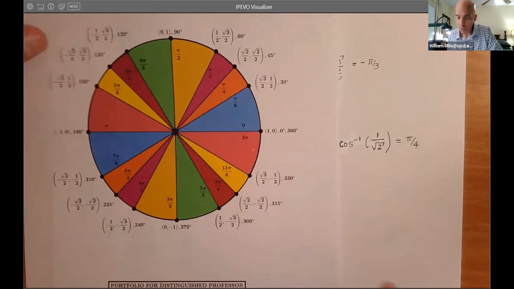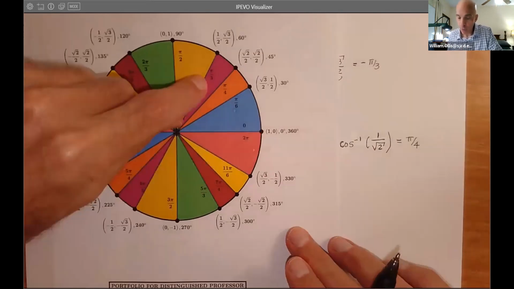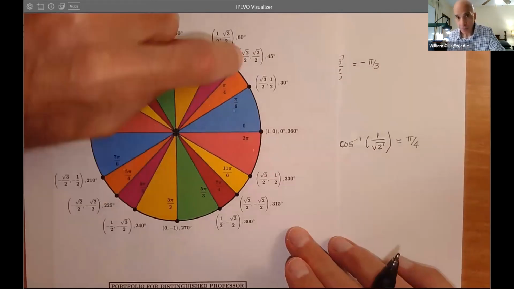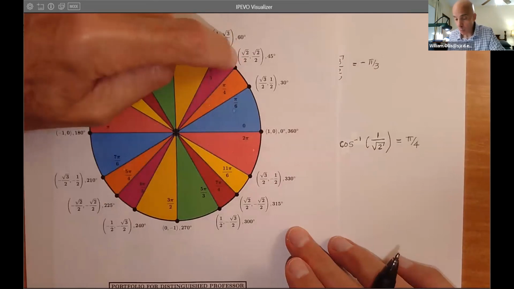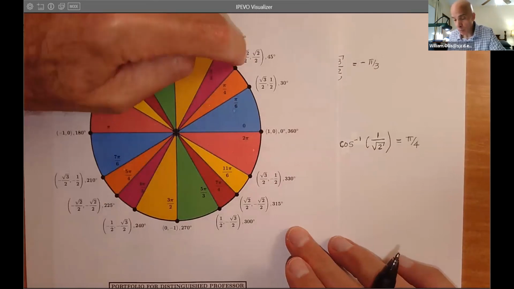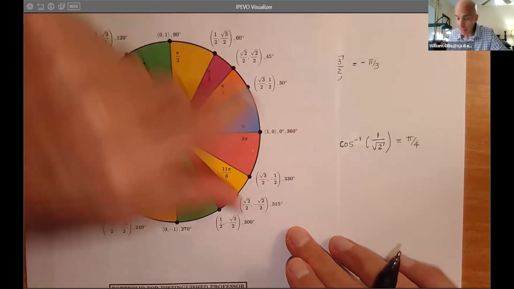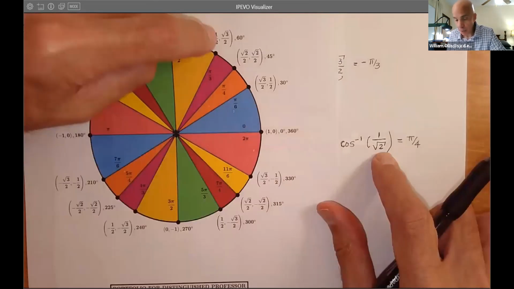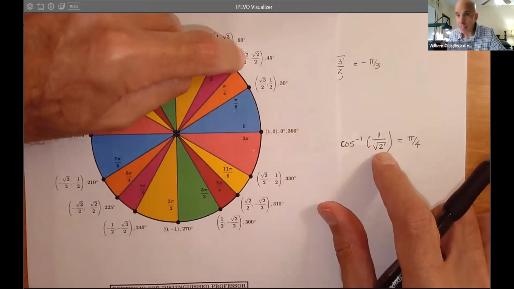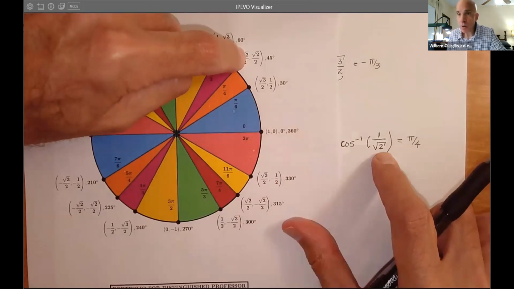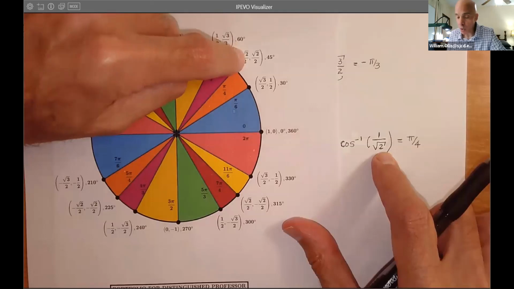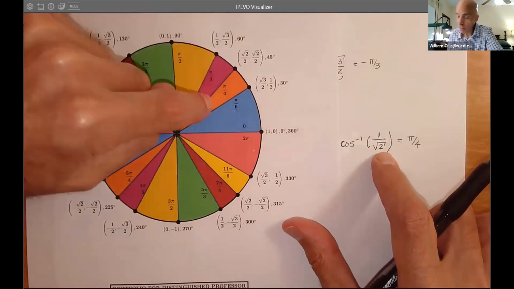So when we say inverse cosine of 1 over √2, we're here, and then we move to pi over 4. We go backwards. So this right here is right there. And then we take the backwards path. What's the backwards path? This is 1 over root 2 or root 2 over 2, however you want to write it, to pi over 4, and we get that.